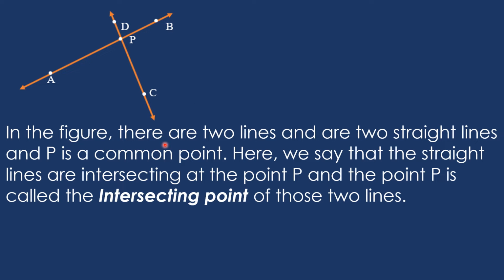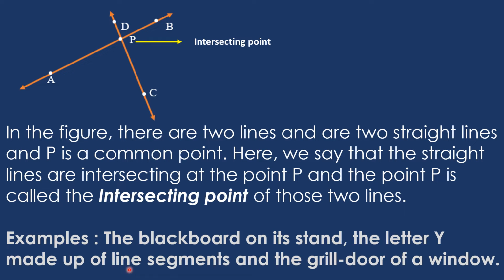In this figure, there are two straight lines, and P is a common point. So here we have two straight lines AB and DC. These are the two lines and they are intersecting at the point P. So we say that the straight lines are intersecting at the point P, and P is called the intersecting point.